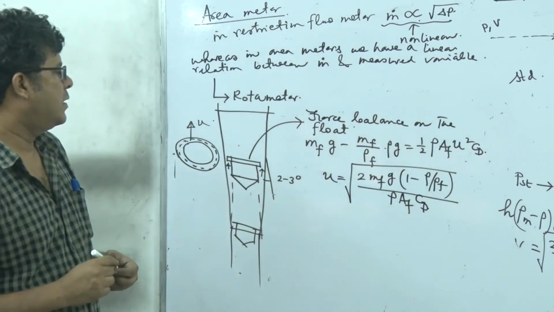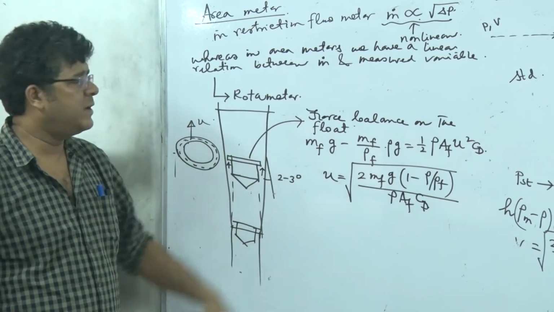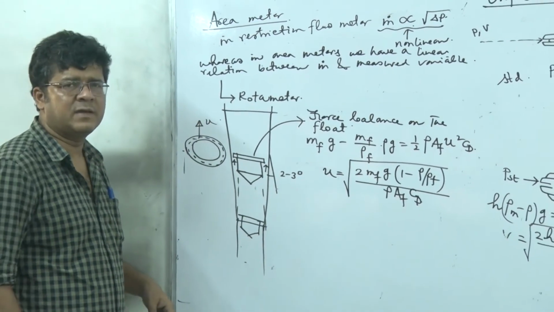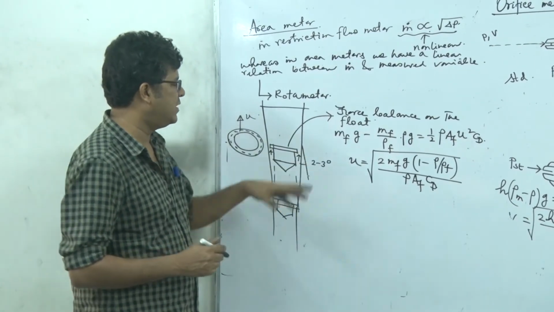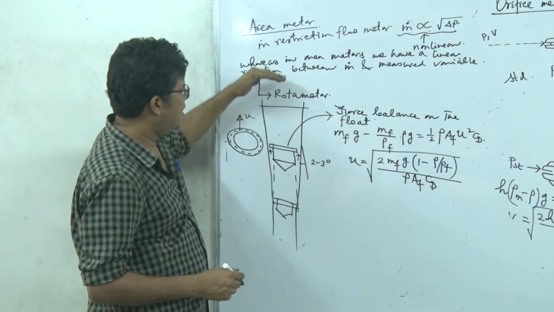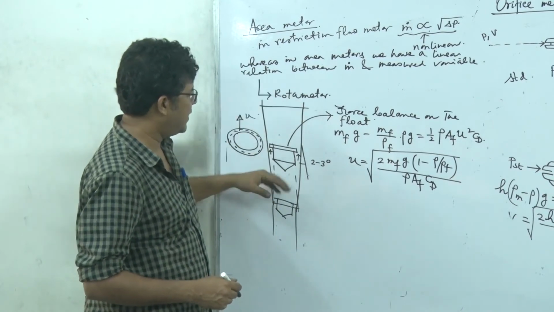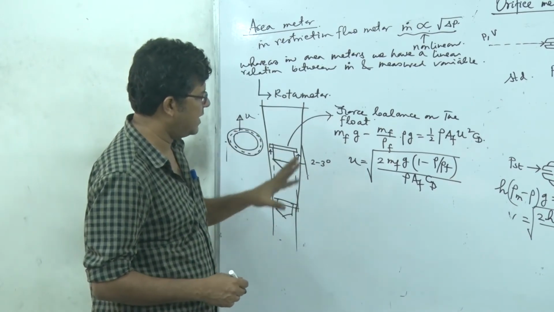Okay. Now the rotameter is designed over a specific volume flow rate range such that we will assume that U remains nearly constant over that specific operating range.